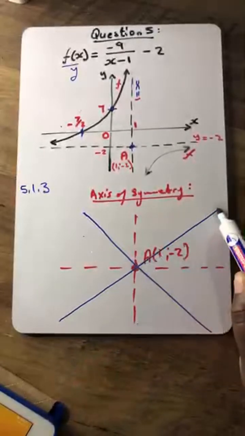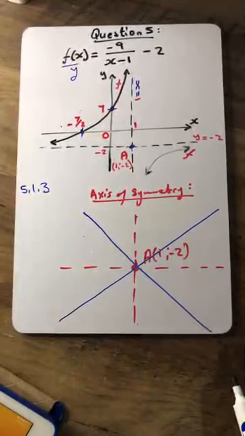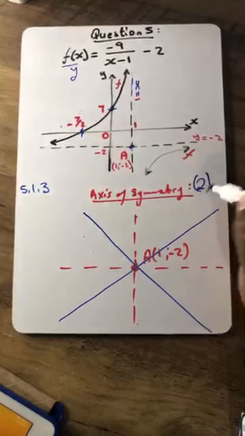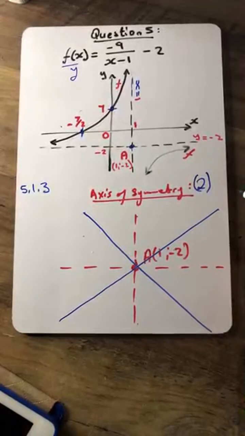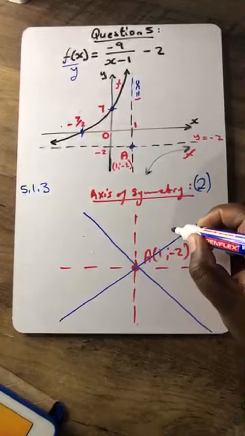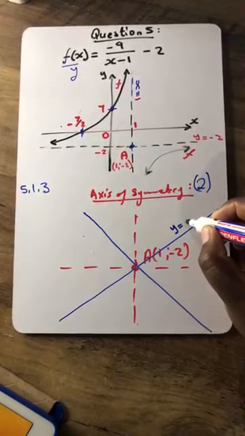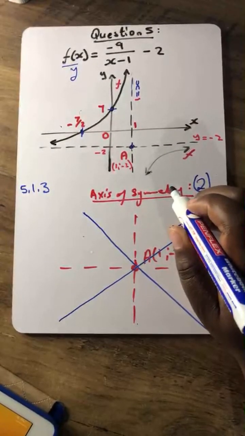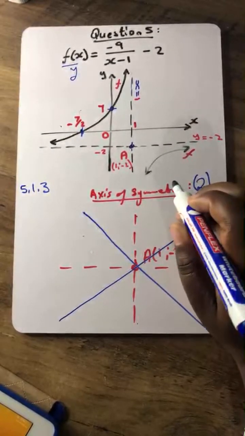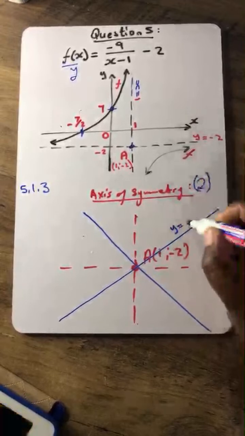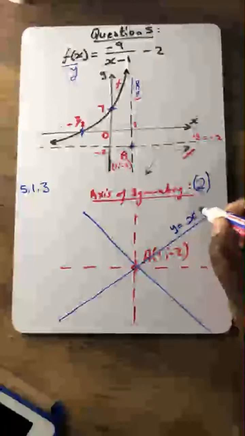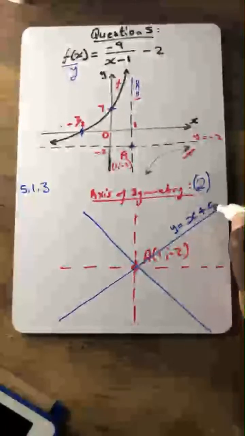I'll just give you a tip. You just need to always remember that we have two types of straight lines. We have this one that has a positive gradient. You don't need to write that positive, because it's always positive 1, so it's y equals positive invisible 1 x plus c.